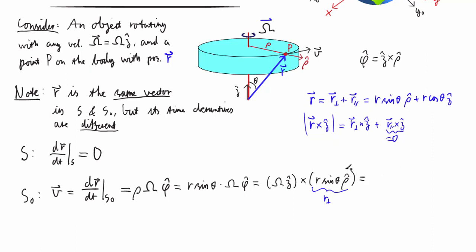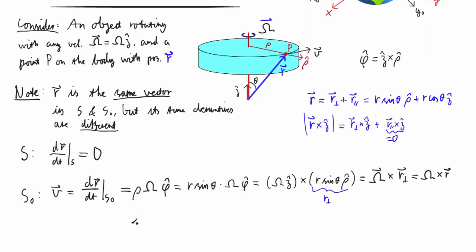So we have therefore equal to, and this of course now is omega, the vector omega. So this is omega cross r perpendicular, but omega is along z hat. So this is the same now as omega cross r. The parallel component will not figure in the cross product.